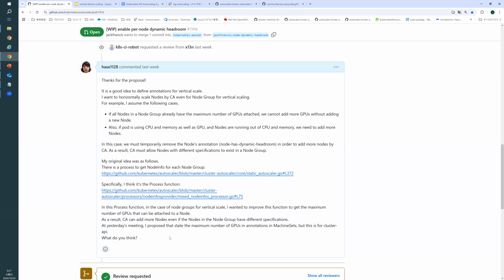So I think DRA is related to this idea, but current DRA does not support vertical scaling yet. So I think I need to discuss it in the device management working group, but yeah, I need to consider DRA functionality.